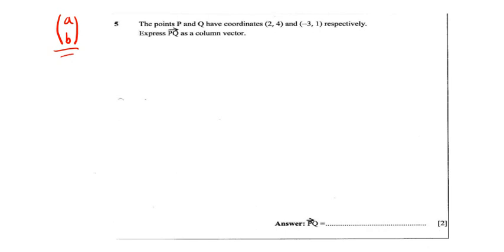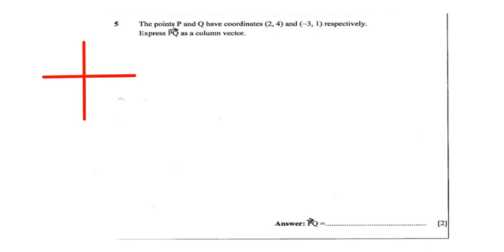So you have to understand that these points are all starting from the origin. If I were to make a plot of these points, it will be like this. So we have our P, it is what, 2 comma 4.